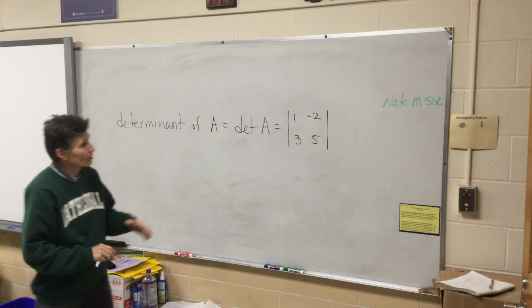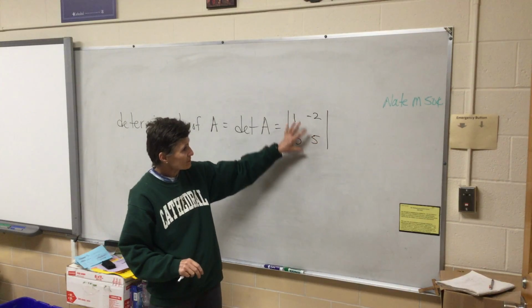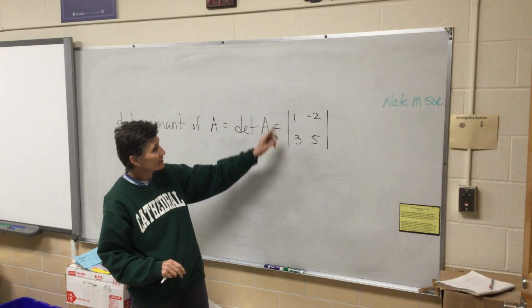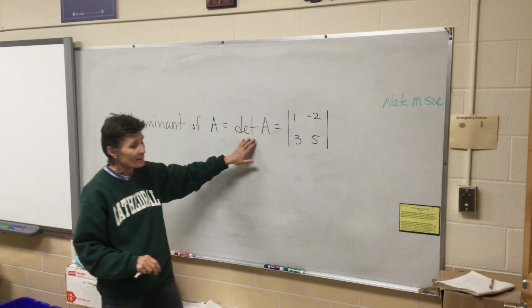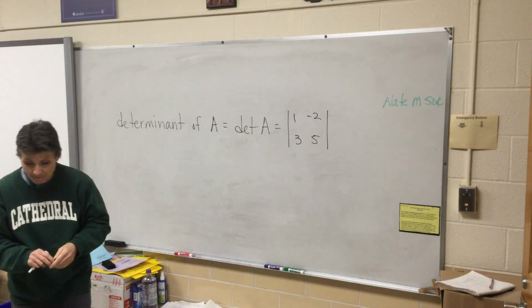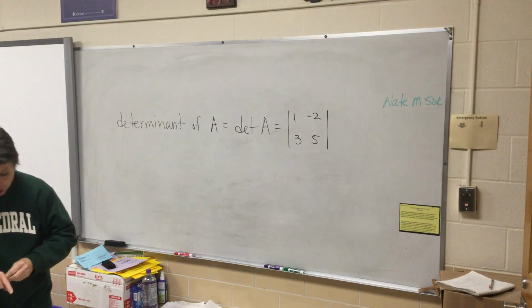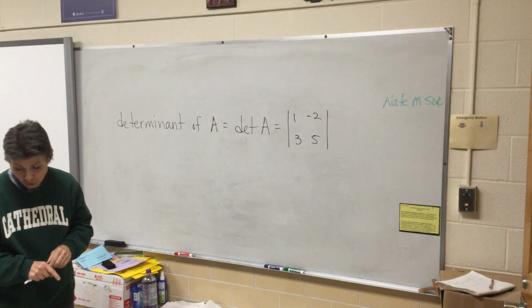These are the numbers in matrix A. I copied it exactly, but instead of using the brackets, I use the vertical bars because this is a determinant problem, and that is the notation for a determinant.